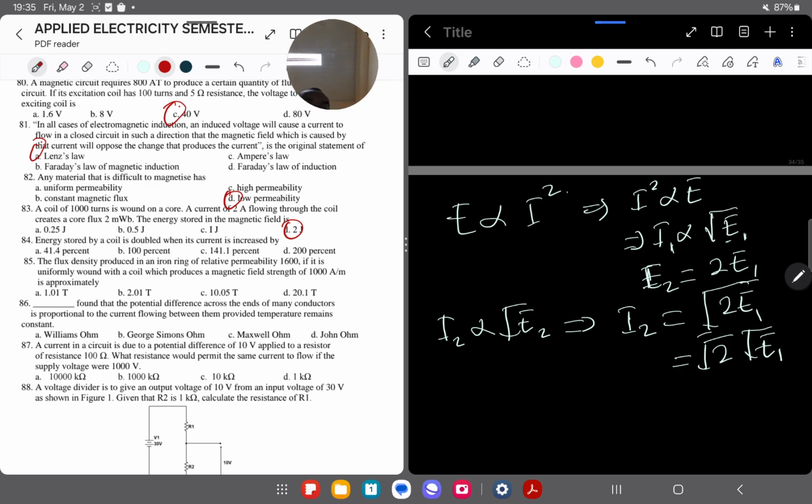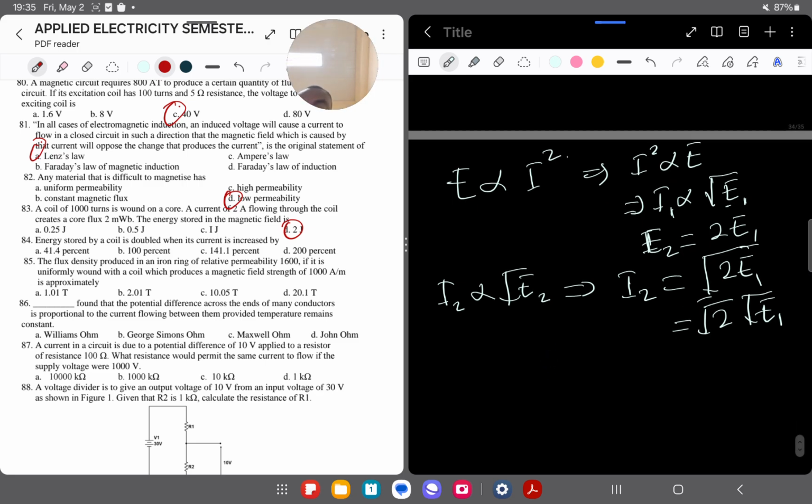Now if we are interested in the percentage, you can see the answers are given in percentage.